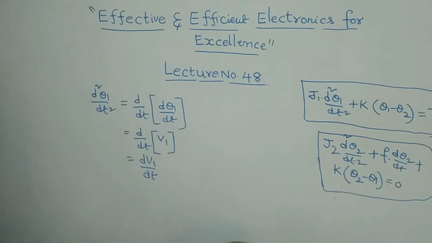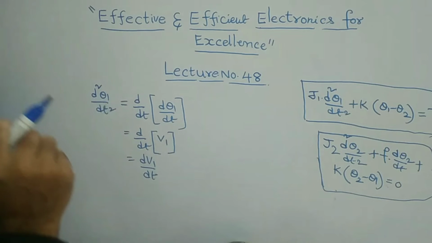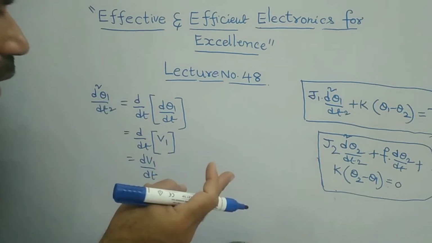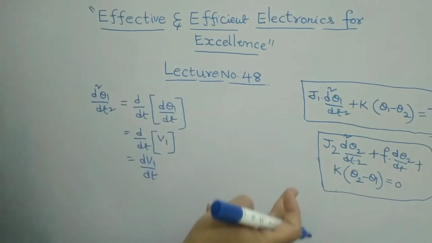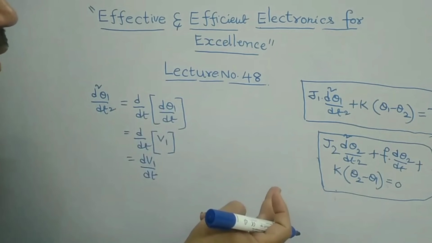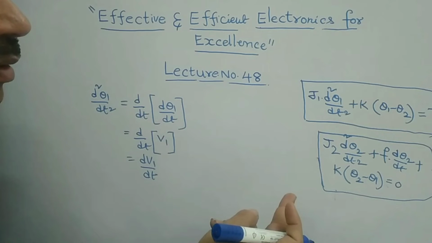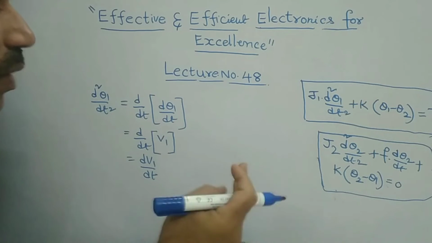Because here we are considering the force-voltage analogy, it is actually the same as your current. It is I1. I explained earlier that theta 1 is equal to Q. Same here also.